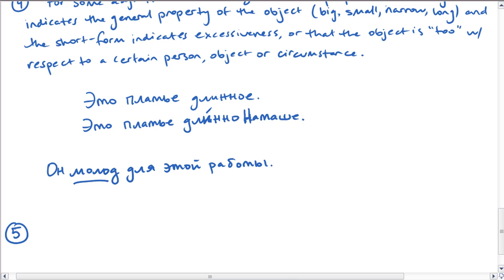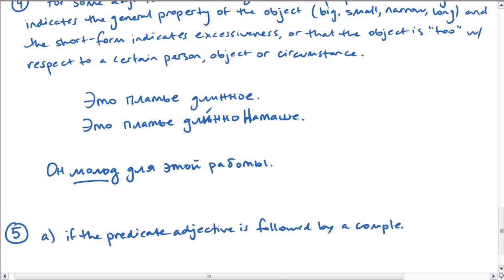Another way to choose between the long and the short. So if the predicate adjective is followed by a complement, it must be in the short form.